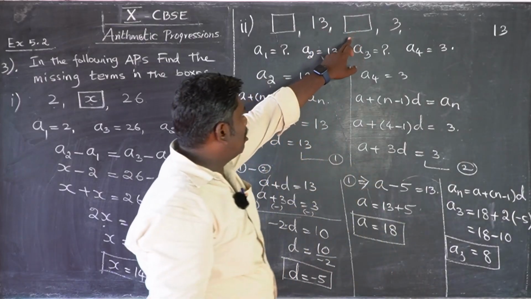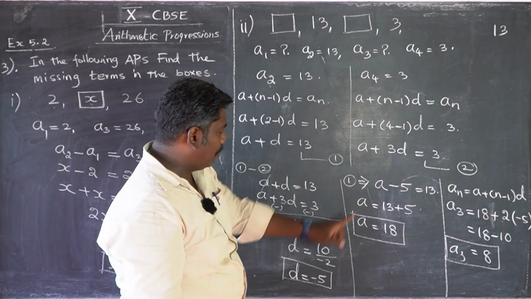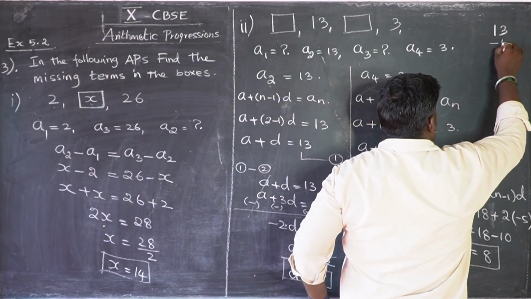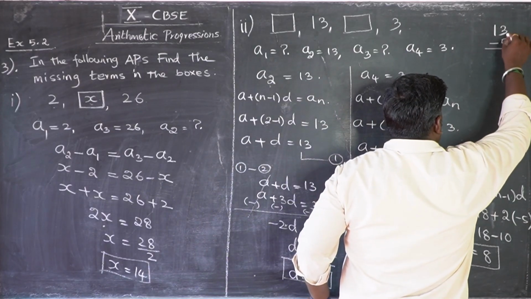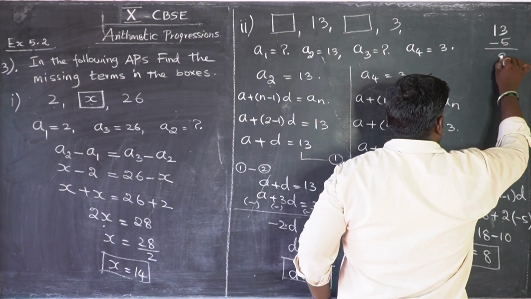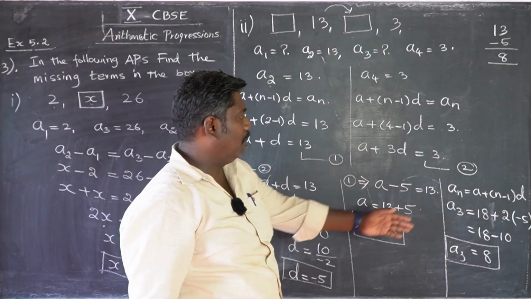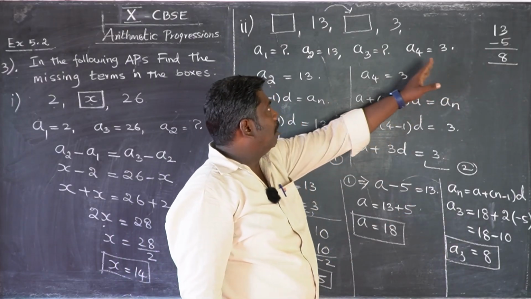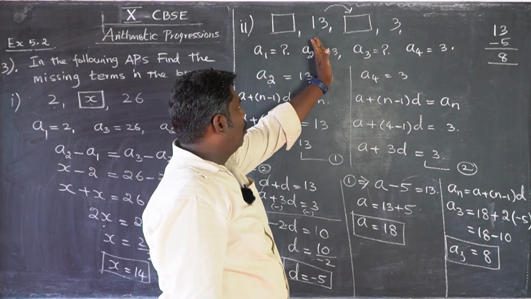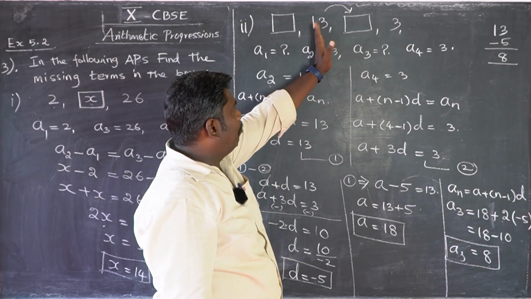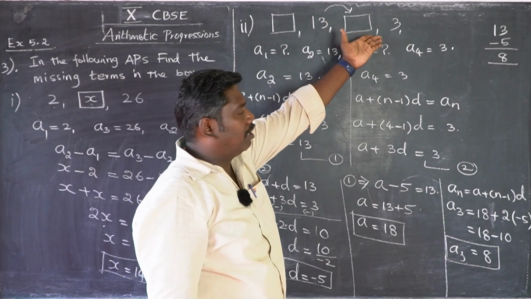Add the common difference minus 5, 13 minus 5 becomes 8. So the next term will be 8. Because the second term is given and we need to find the third term, just add the common difference.